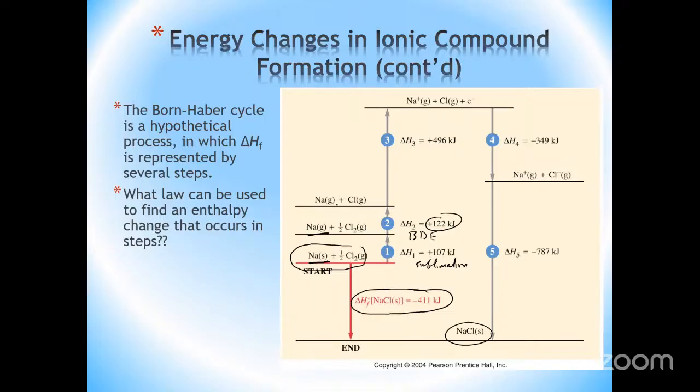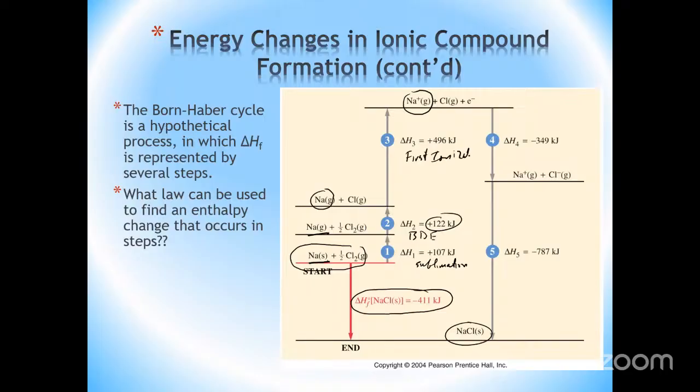Now at this stage, we have both sodium and chlorine gaseous atoms. So to go from here to here, what's happening is that the sodium gaseous atoms would be converted to sodium gaseous ions. In other words, you're removing an electron from the gaseous atom to form the gaseous ion. That would be the first ionization energy.